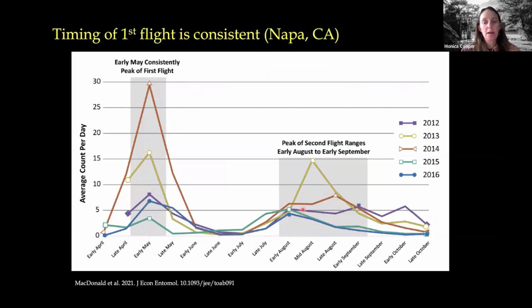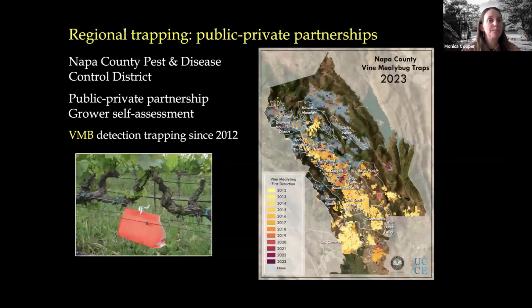The second flight, not so clear, probably because of environmental factors, and then also just a little bit more stretching out of that generation. So when it's too hot, we find that we don't catch that many males in the vineyard. So if you had a heat spike, that can lead to some of the ups and downs that we see in that second flight.